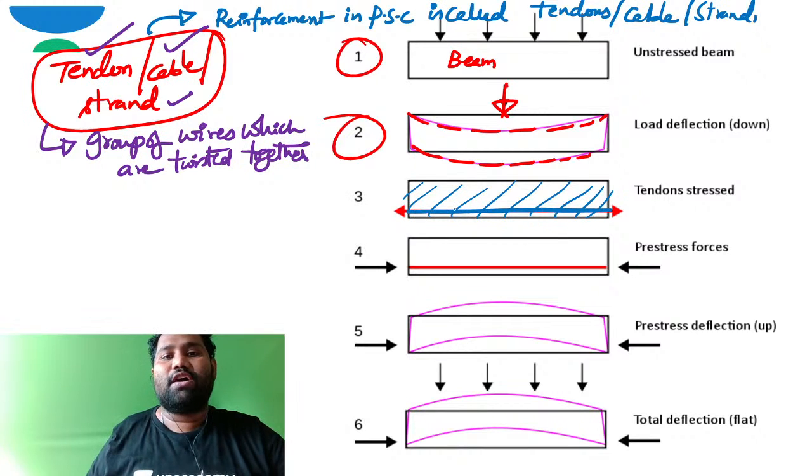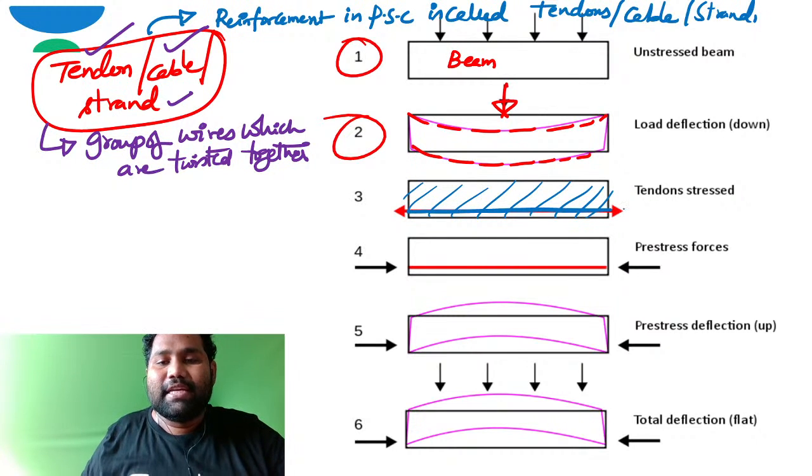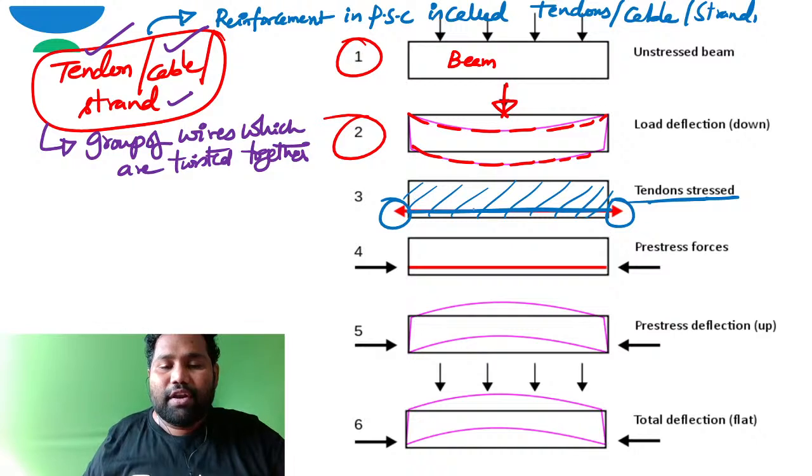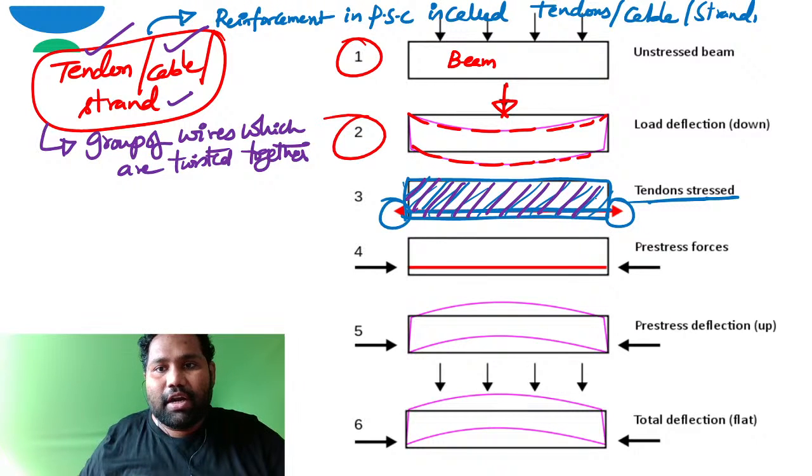You are applying some tension force on the tendons. After you apply sufficient tension force on the tendons, you cast this girder completely with concrete, brother. The concrete has been cast after the steel has been stressed in tension.